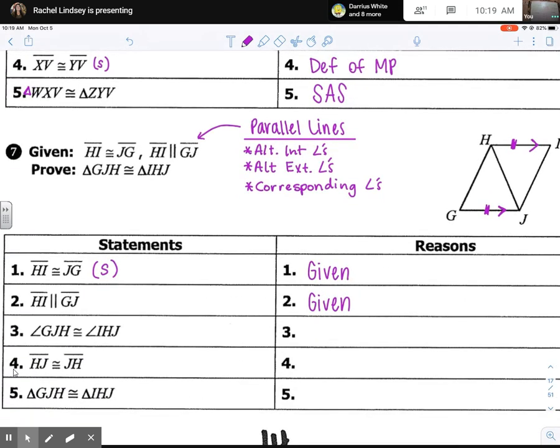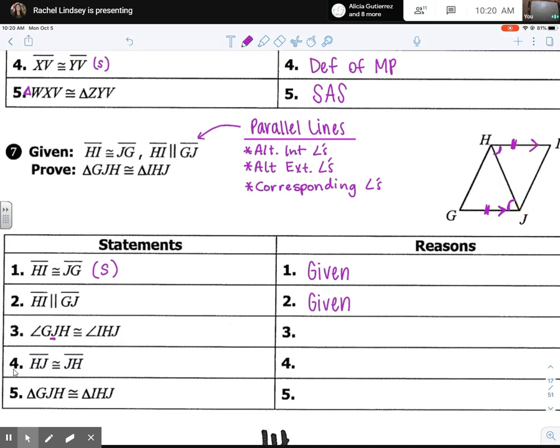Going back to my statements, number 3 says angle GJH. That angle right there. So I know that angle is congruent to angle IHJ, so this one right here. So I'm going to mark those as congruent.